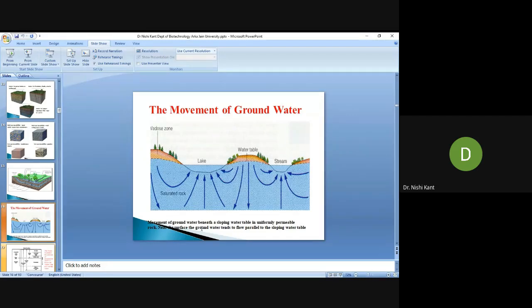Factors affecting the flow of groundwater: the slope of the water table. The steeper the water table, the faster groundwater moves. Permeability: if rock pores are small and poorly connected, water moves slowly. When openings are large and well connected, the flow of water is more rapid.